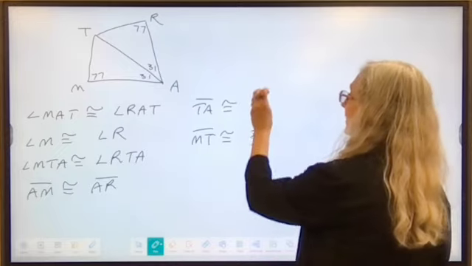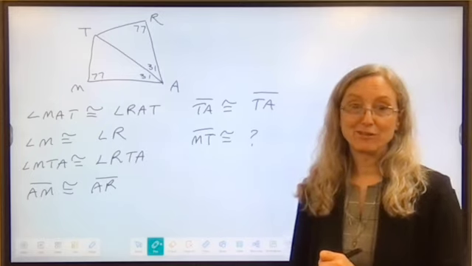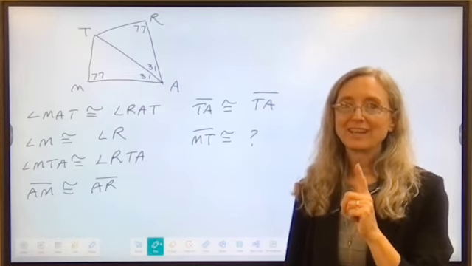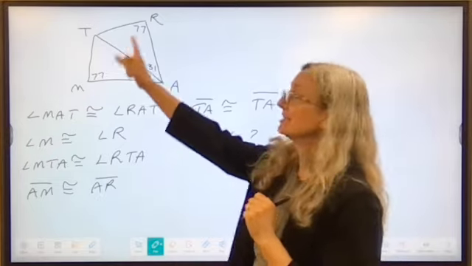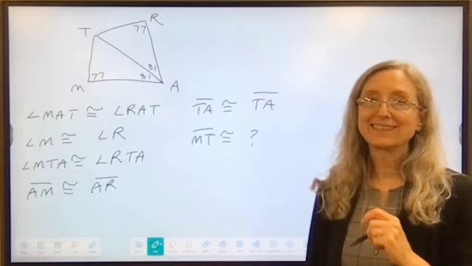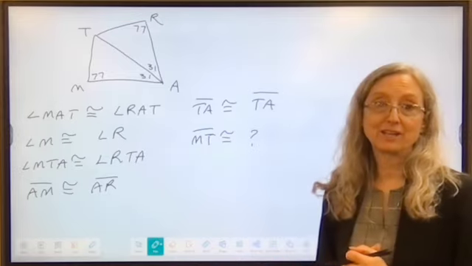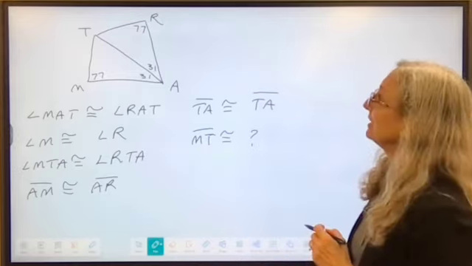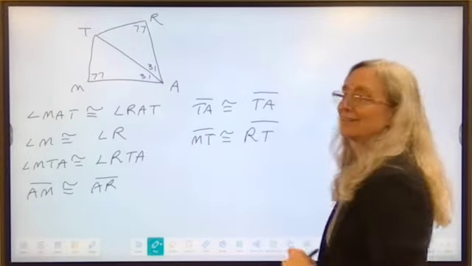The next one is itself. That one was tricky. That's the reflexive property, right? Because TA is in both triangles. That's why you need the reflexive property, because you had to have that third side. And then MT is congruent to RT. How did you do?